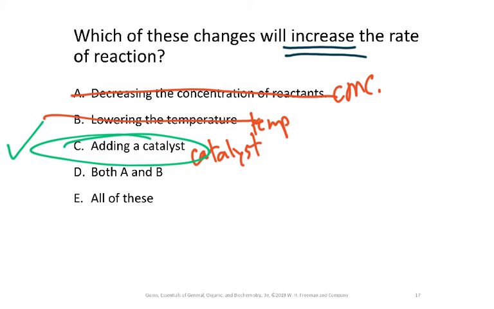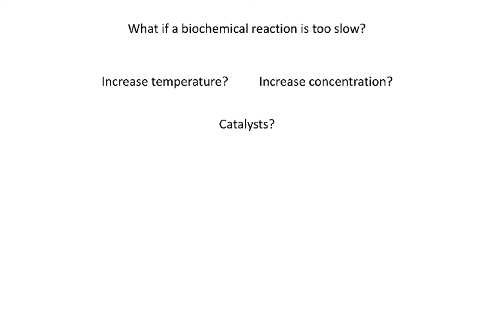Okay, one final short topic. What if we have a biochemical reaction that is too slow? So this would be a physiological, important reaction that occurs within the body, and it's not happening at the proper rate. It's too slow. We have three things, right?